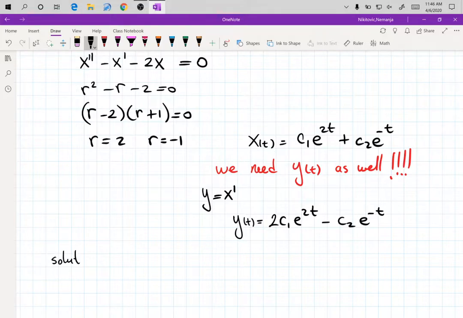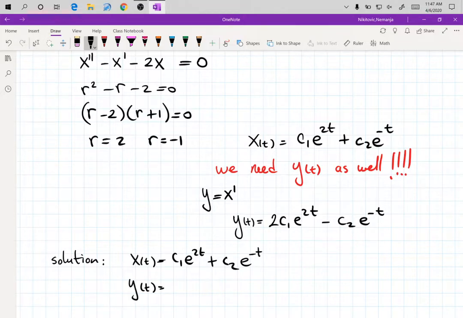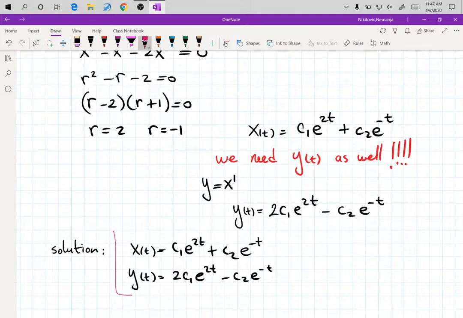So the solution is given by x of t equals c1 e to the 2t plus c2 e to the negative t, and y of t equals 2c1 e to the 2t minus c2 e to the minus t. And that would be our solution to the system.